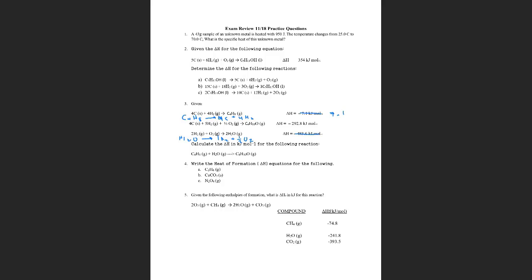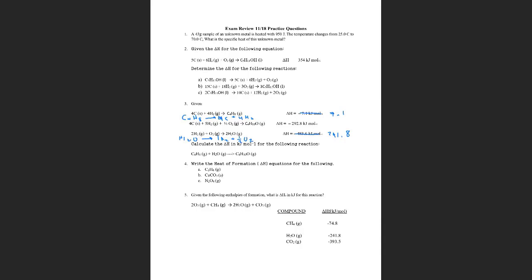It's 241.8, yeah. So all we did was flip it, so it turned into positive 483.6, and then just divide that number by 2.